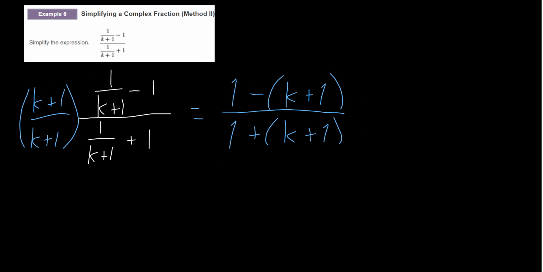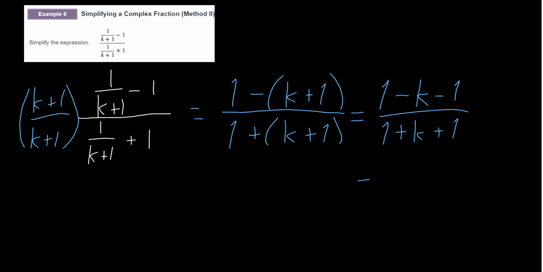But anyways, we can rewrite this as 1, and then we're going to distribute the negative through. So it's going to be a minus k minus 1. And then my denominator is going to be a 1 plus k plus 1. Put the little flag on there. Okay, there we go. Now we'll put an equal sign down here.